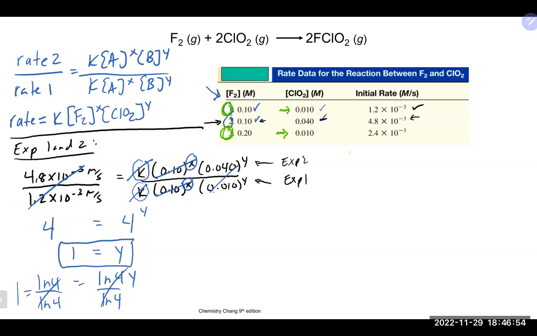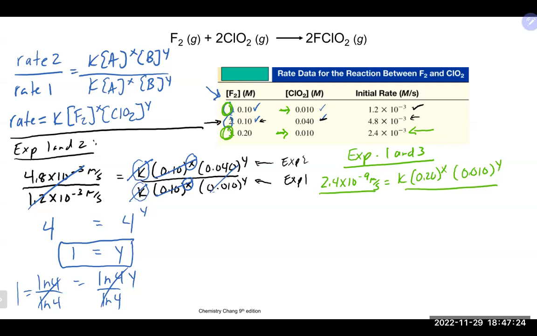So looking at experiments 1 and 3, once again, I'm going to put the larger rate up on top, which is experiment 3. So all of experiment 3 is going to go up on top here. That's going to give me 2.4 times 10 to the minus 9 molar seconds equals K times 0.2 to the X, 0.01 to the Y. So once again, that is everything for experiment 3 up on top.